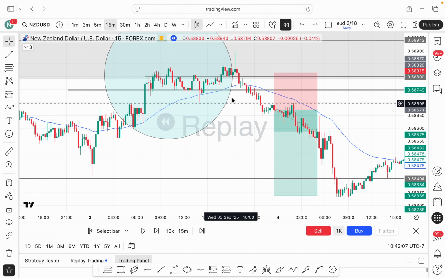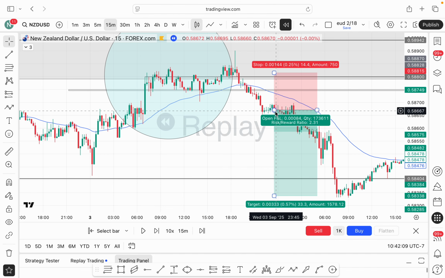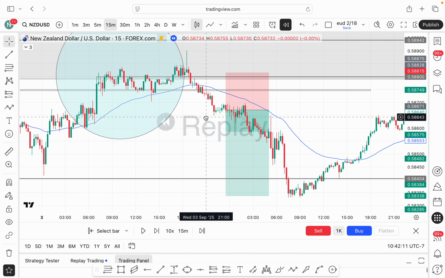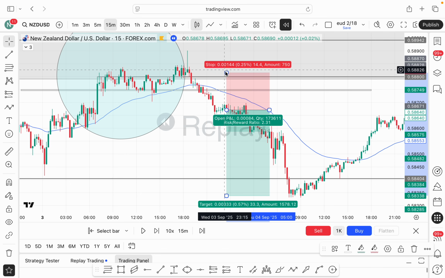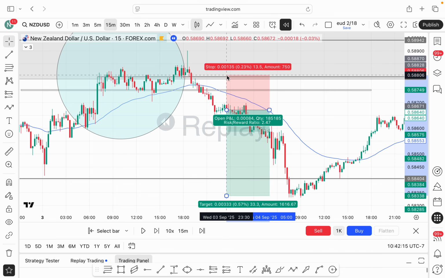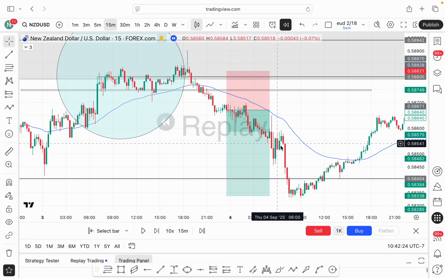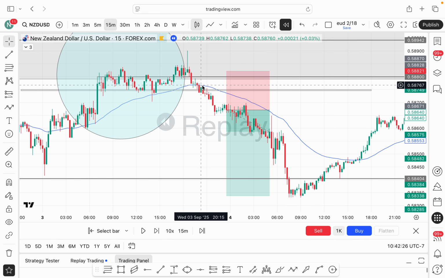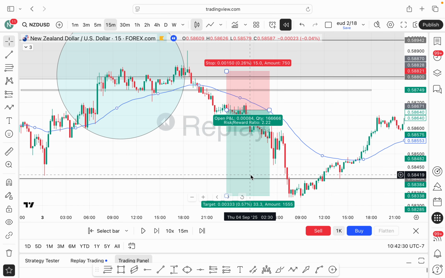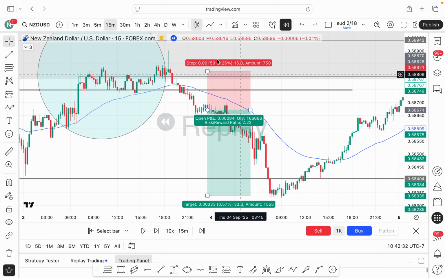So I caught a trade right here at 12 p.m. London session. Ideally, my stop loss will be here, but I give a little bit of breathing room, just in case this one gets swept by liquidity or a stop loss hunt, then I let the trade play out.